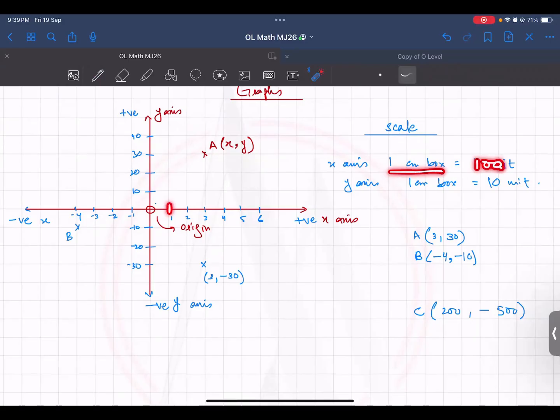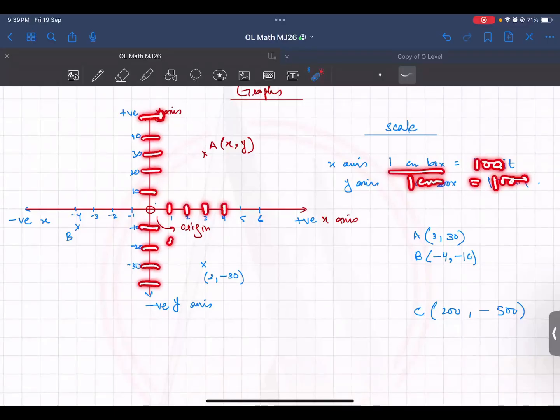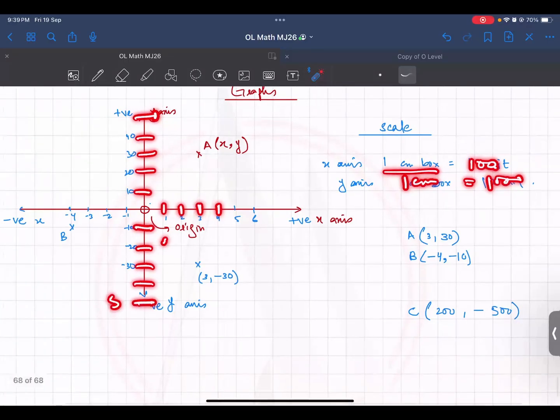Then this would become 100, 200, 300, 400. And in the y also, you would choose 1 centimeter is equal to 100 units. So it would be 100, 200, 300, 400, 500, and minus 100, minus 200, minus 300, minus 400, minus 500. So this is minus 500 in the y and 200 in the x. So this would become the point.